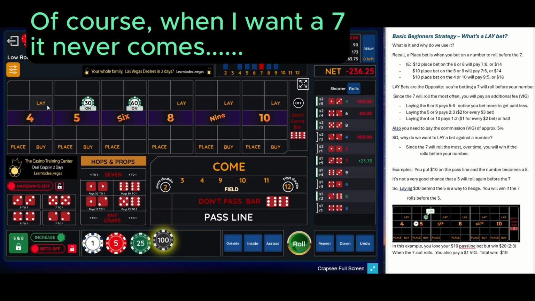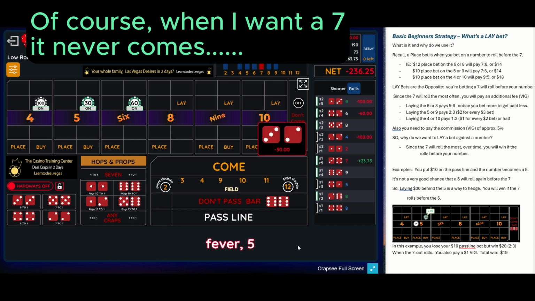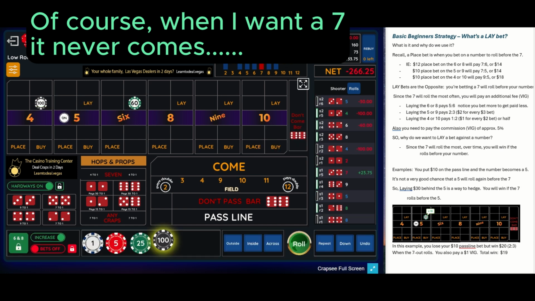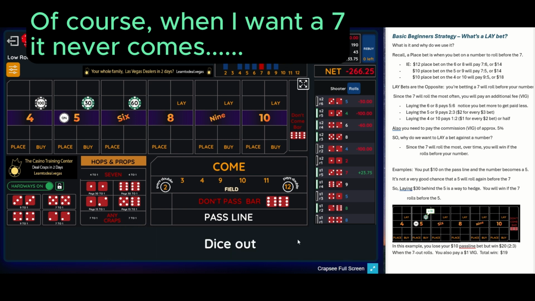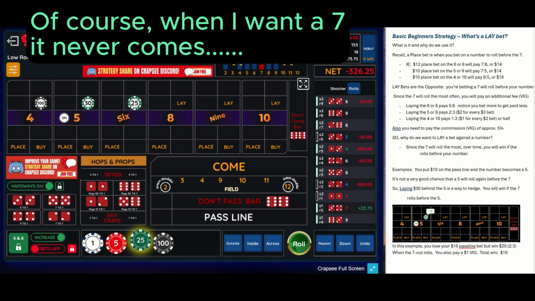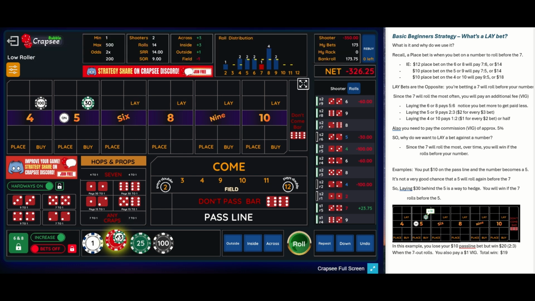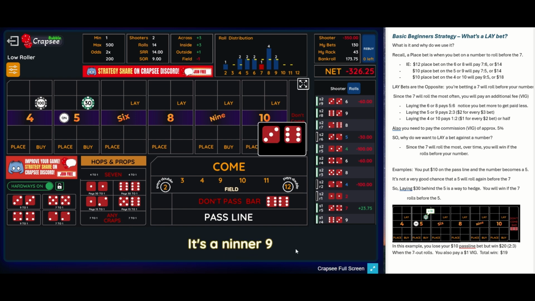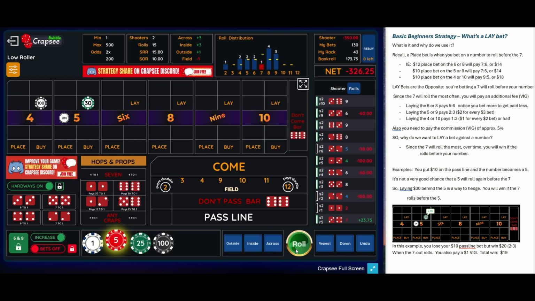We can't get a 7. Well, we're going to do this for a while, it looks like. Let's keep trying. There's an 8, a 9, a 6. Oh, I've run out of money. Look at that. There's a 9. So I guess you're just going to have to do the math.